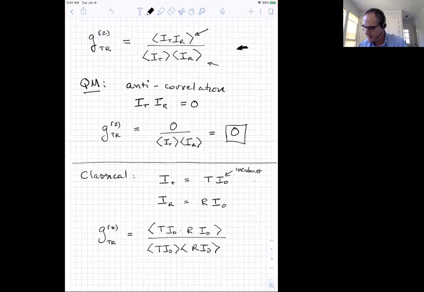And now, since T and R are constants, you'll notice they factor out from the expression. And so we get the average of I0 squared divided by the I0 average squared. Okay?